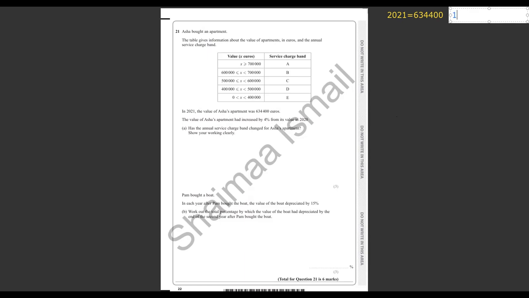So as it's increased, as we said, we have 100%, and we just add the percent increased, the 4%. I'm going to write here the final answer, which will be equal to 104%.